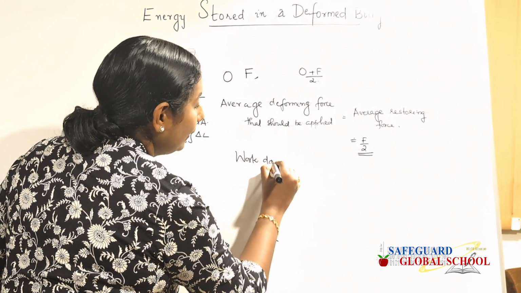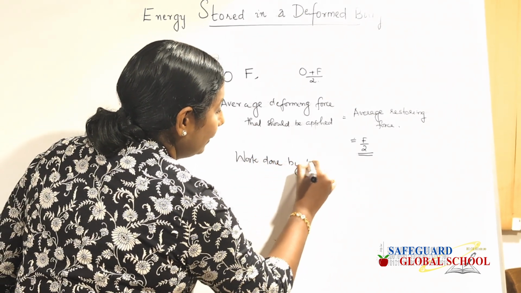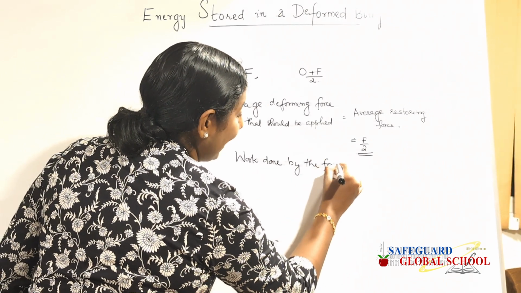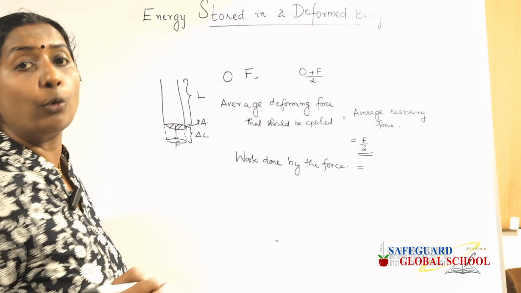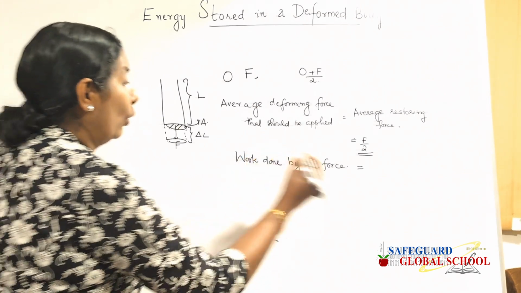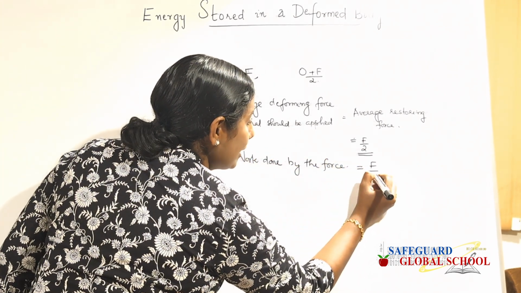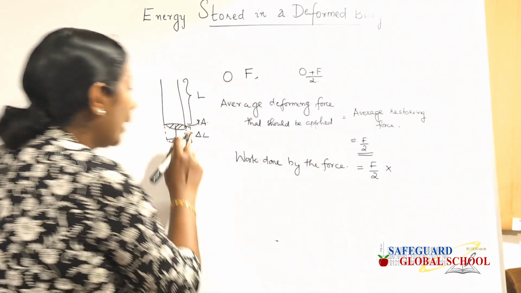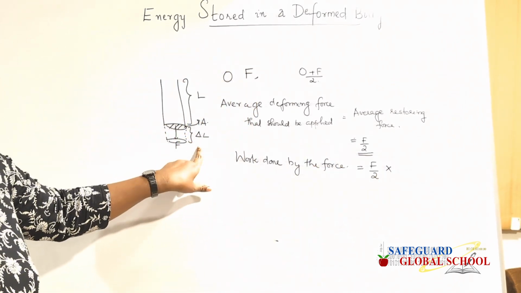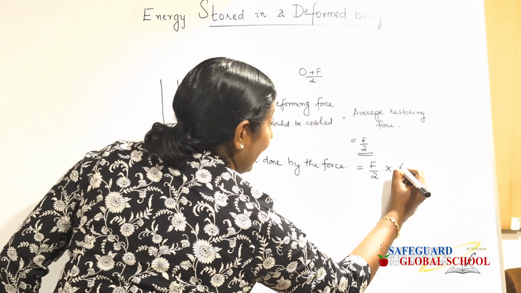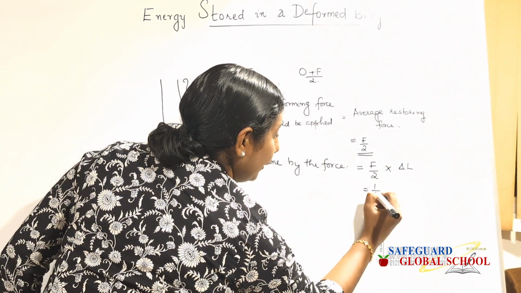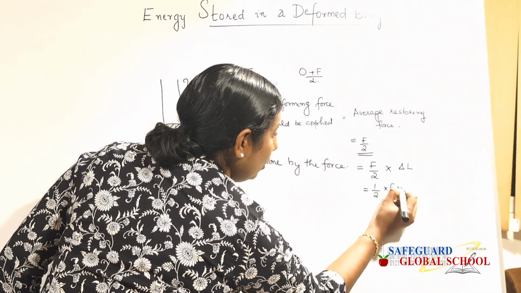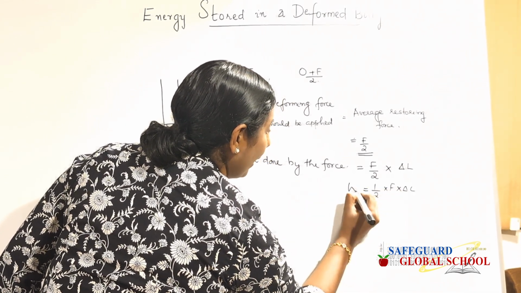The work done by the external force applied will be equal to, we know that work is force into displacement, right? So this will be the force F by 2 into, what is the displacement produced in the wire, children? It is delta L. So work is half into force into delta L. This is the work done.